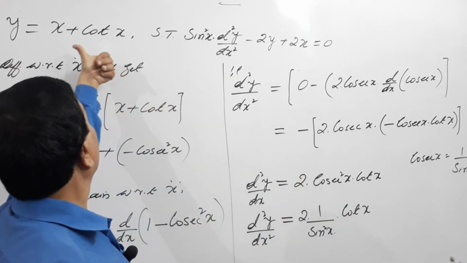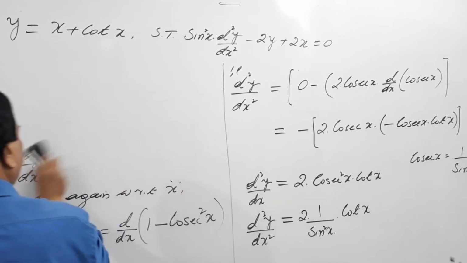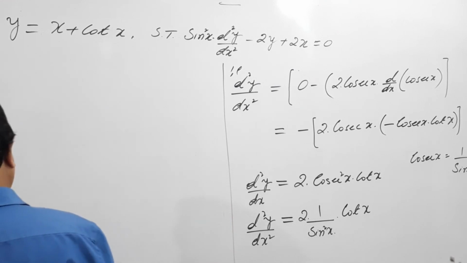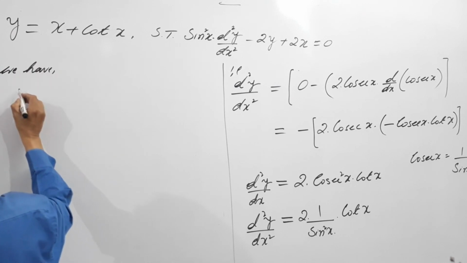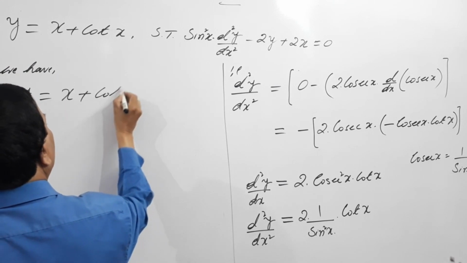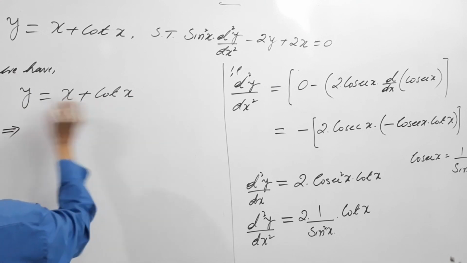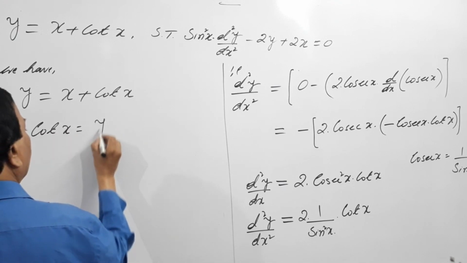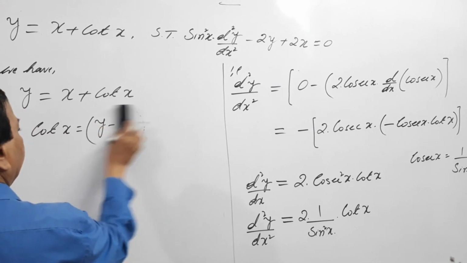From equation 1, y equals x plus cot x, which implies cot x equals y minus x. One step I'll write it because you may get confused.